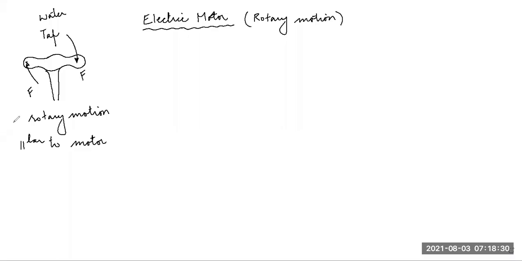Yes. So, students, today we are going to discuss the rotary motion in the case of an electric motor. The credit for this goes to great scientists like Michael Faraday, who studied and developed the concept of electromagnetism, and Hans Christian Oersted, the scientist who observed the deflection of a magnetic needle when a current carrying conductor was brought near it.